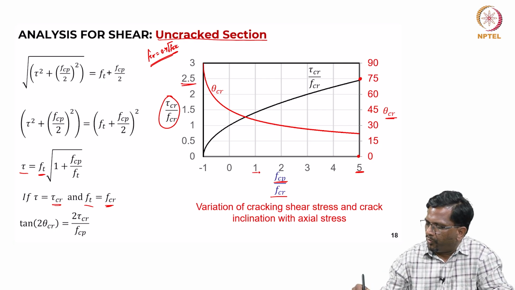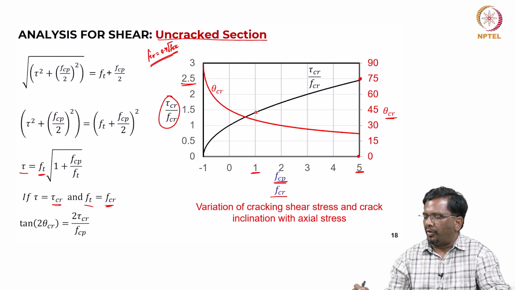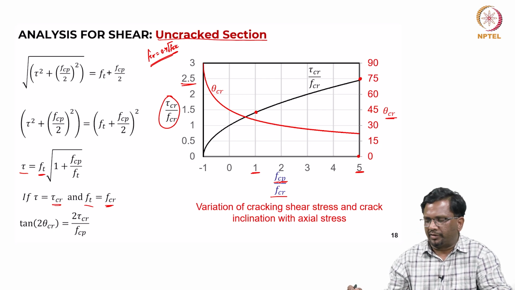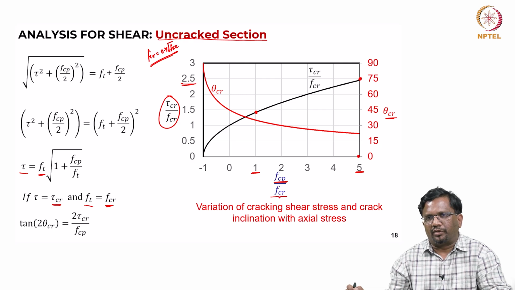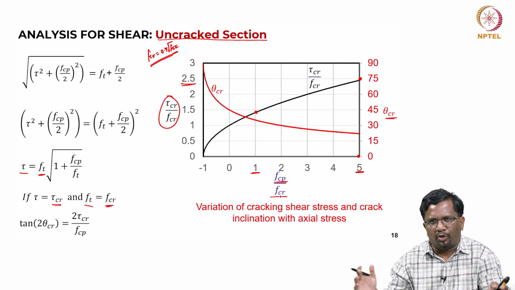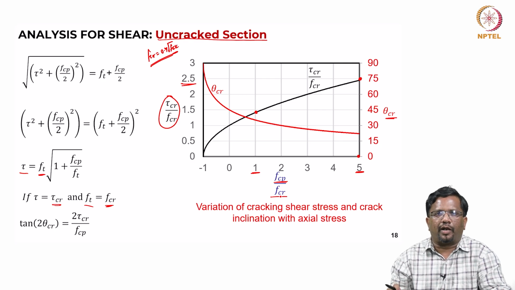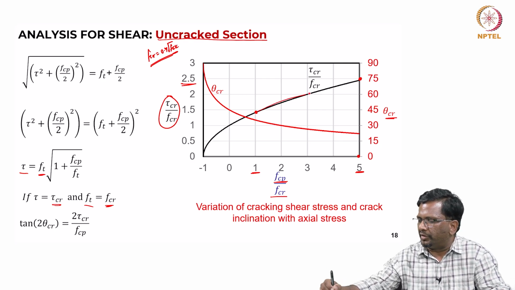If I put only 1, then you find that the tau Cr is less. So, what we can say is, the higher the amount of pre-stress in terms of the tensile strength of the concrete, that means the more pre-stress I put, I am getting higher diagonal cracking capacity, right. That is one thing. And you can see that it is somewhat linear.